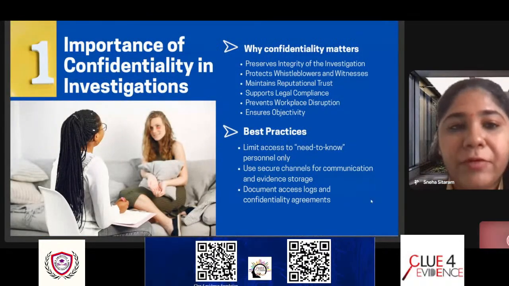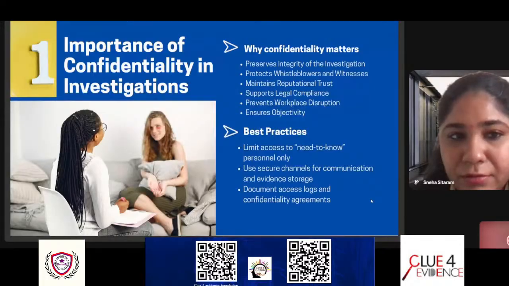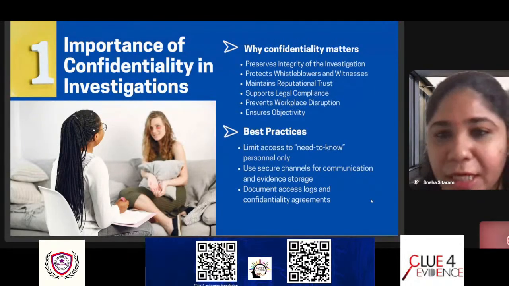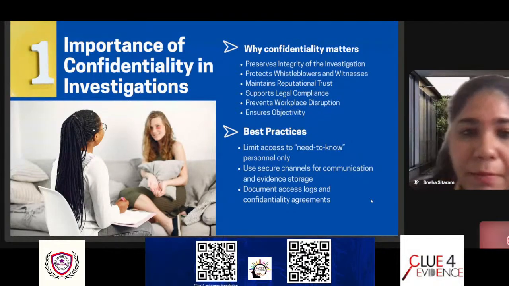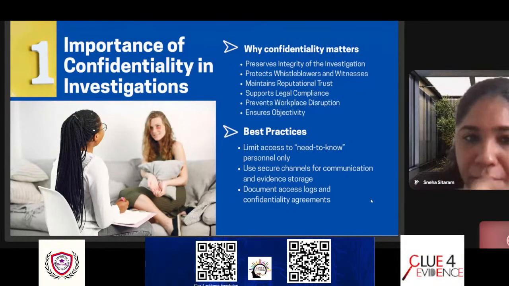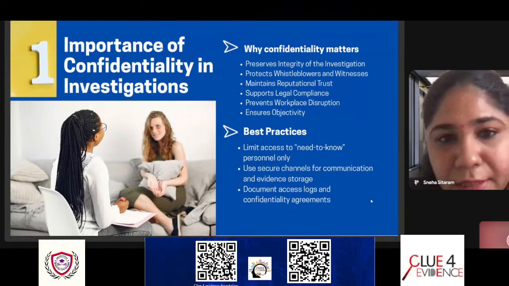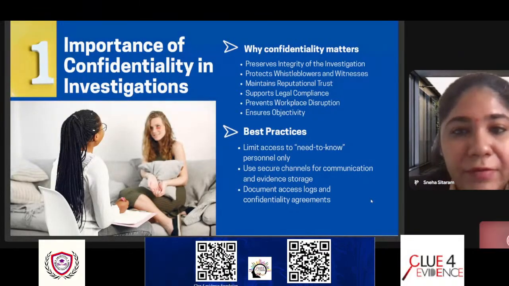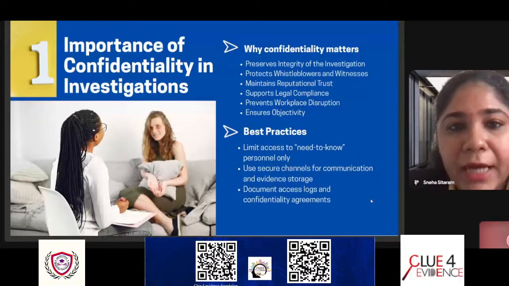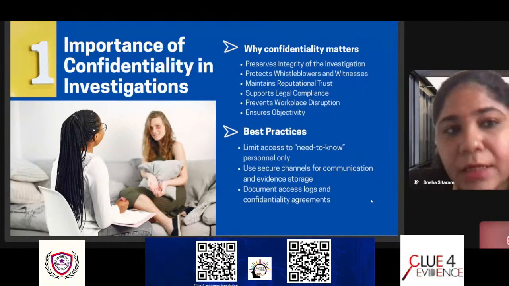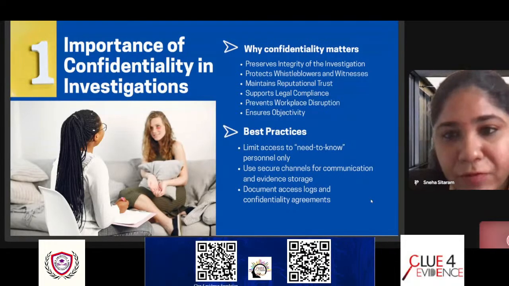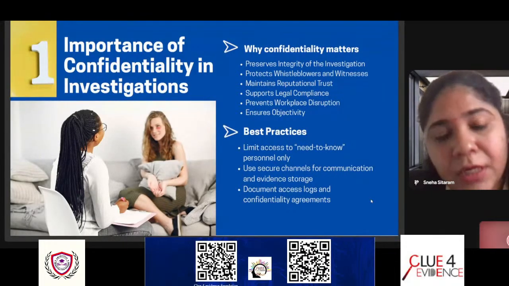Yeah. Before that, I think we have spoken a lot on confidentiality, so I don't want to repeat the same points, but I would like to say a few things here. The integrity of the investigation should be met, and the protection of whistleblowers is also important, as is how we protect the information and the name of the suspect.